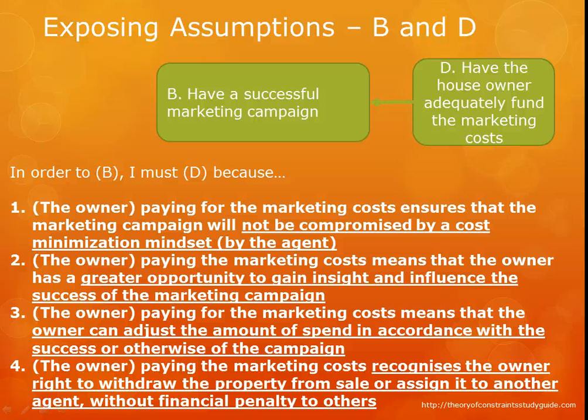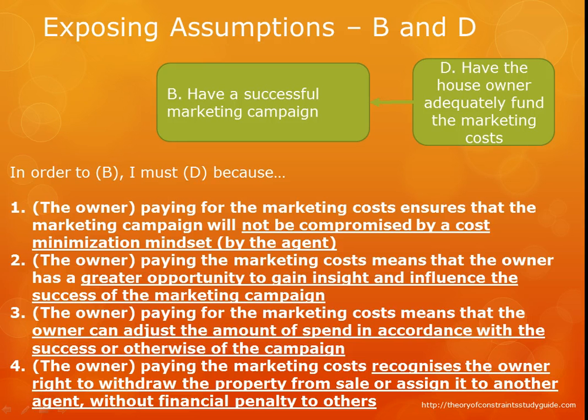The second one is when the owner pays the marketing costs, means that the owner has a greater opportunity to gain insight and influence the success of the marketing campaign. So the ability to pay, or the decision by the owner to pay, gives him or her that right and entitlement.